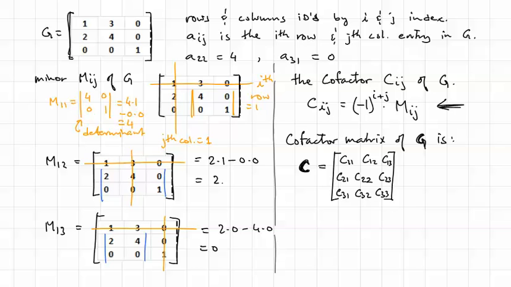So we're almost at the point where I can define what the inverse of G is. In fact, I can write it out now. G inverse is equal to the cofactor matrix transposed, and I'll mention what that is in a minute, divided by the determinant of G.